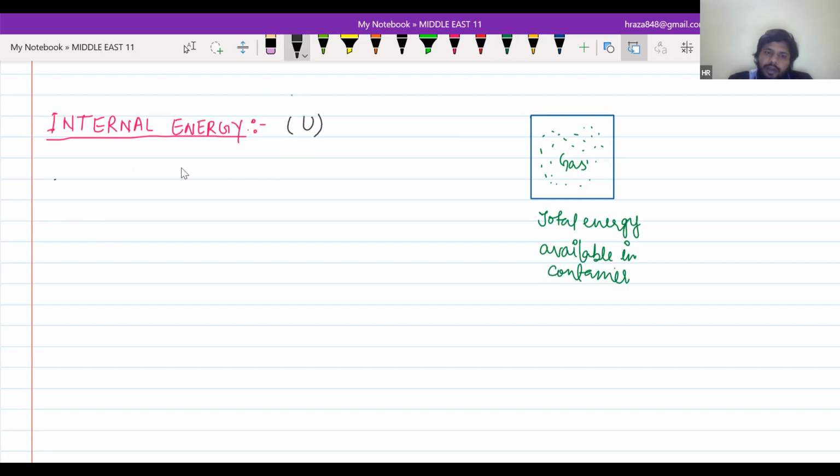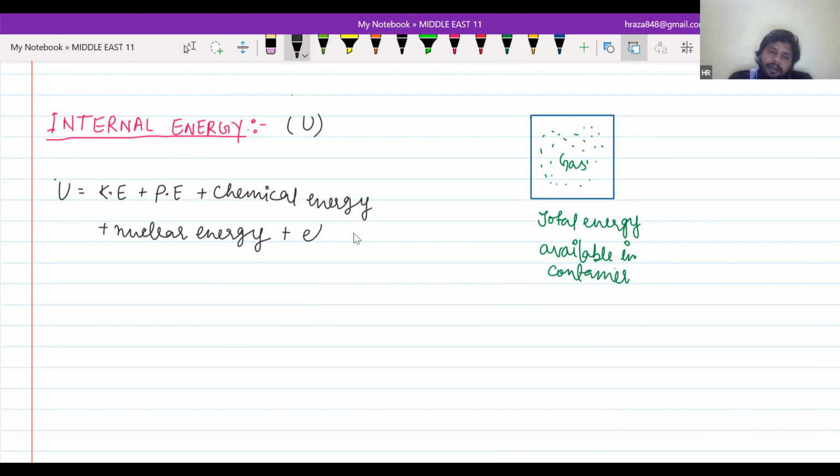Internal energy is denoted by U. U equals kinetic energy plus potential energy plus chemical energy, plus nuclear energy plus electrical energy, and a lot of other types of energy, dot dot dot. So I can easily define it here.